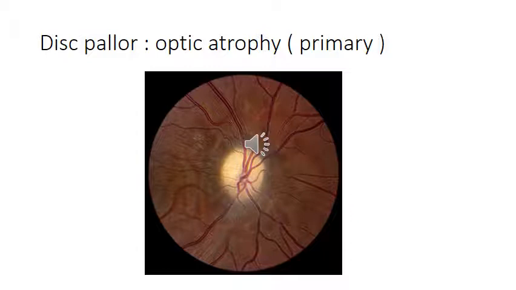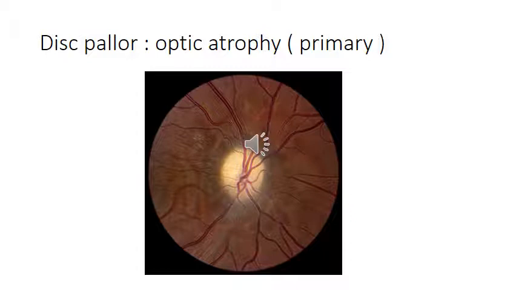The optic nerve is flat, pale, with a well demarcated margin without any detail, a flat, chalky white disc, just like chalk. This is a primary optic atrophy. It happens when the pathology is in the posterior part of the globe, up to the lateral geniculate body.